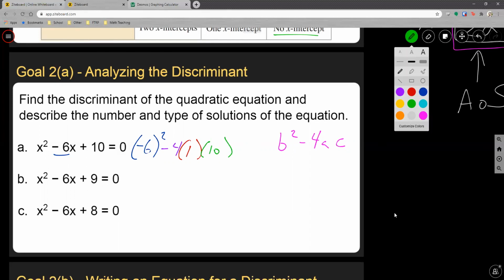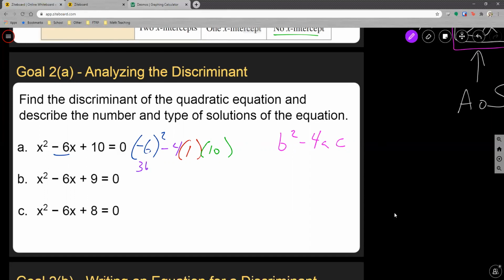Well, -6 squared is going to give me 36. 4 times 1 times 10 gives me 40. 36 minus 40 is -4. -4 is less than 0. So this is going to have two complex solutions.